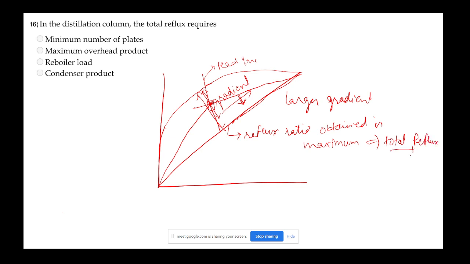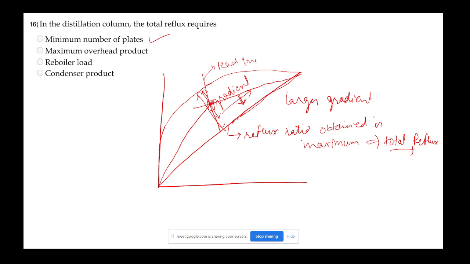So you are not taking any product out of the column. In that case the number of trays that will be required will be minimum. So this is the correct answer.